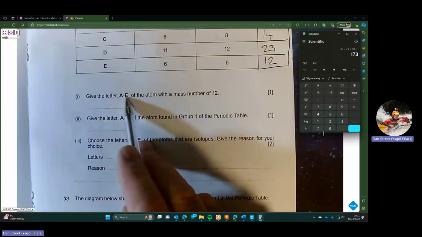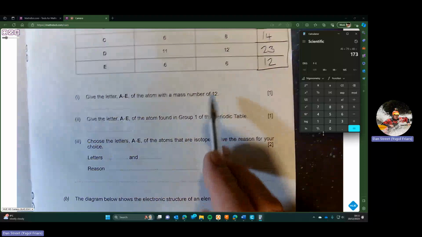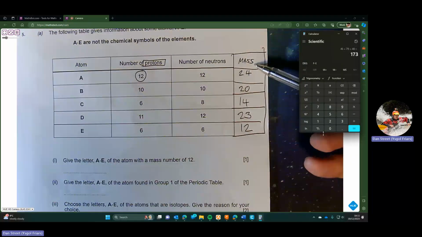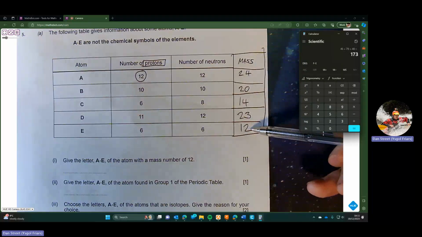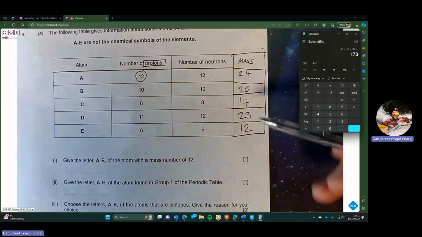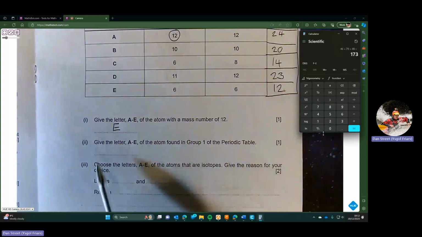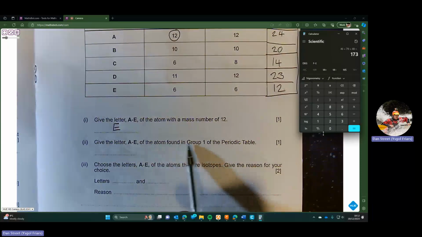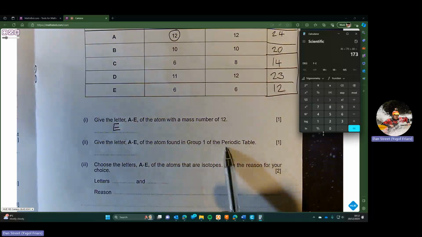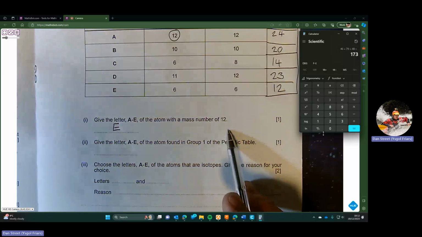So it says, give the letter A to E of the atom with a mass number of 12. Okay, so if we look down our little list that we've just identified, we'll notice that element E has a mass of 12. Okay, so that would be E. Then this one here, give the letter A to E of the atom found in group 1 of the periodic table. Okay, so we're looking for an element in group 1.